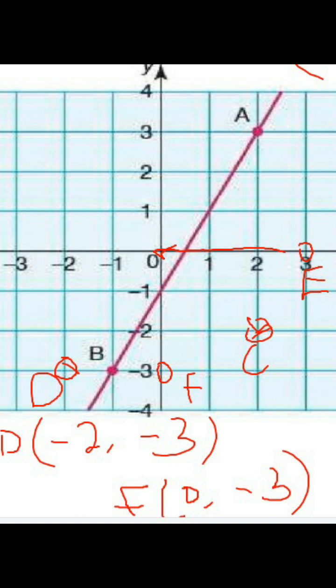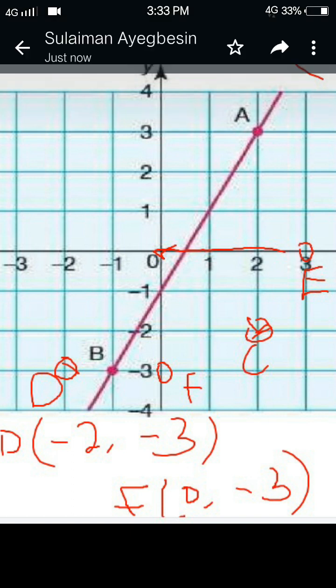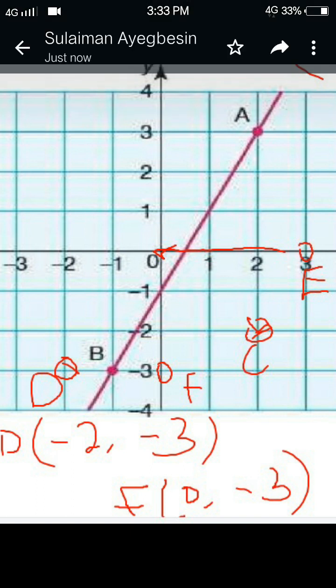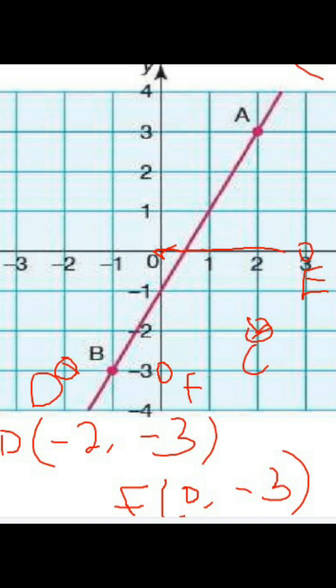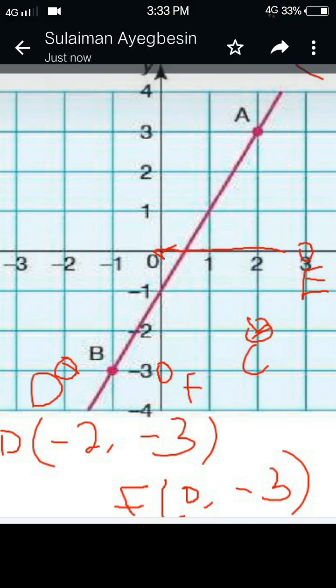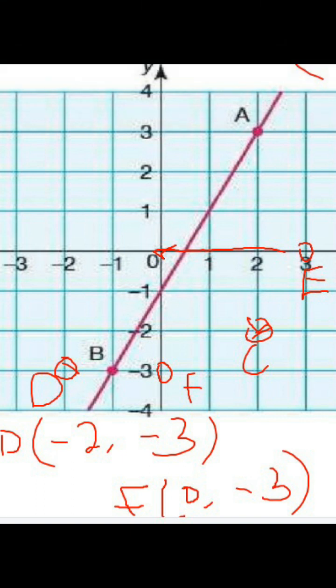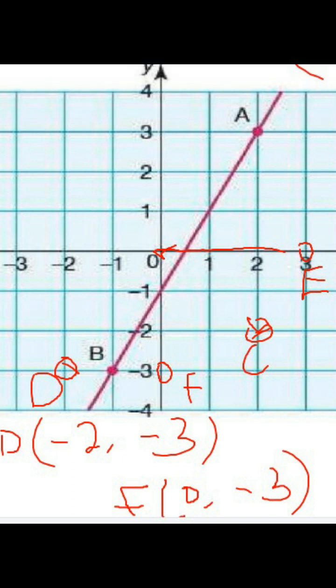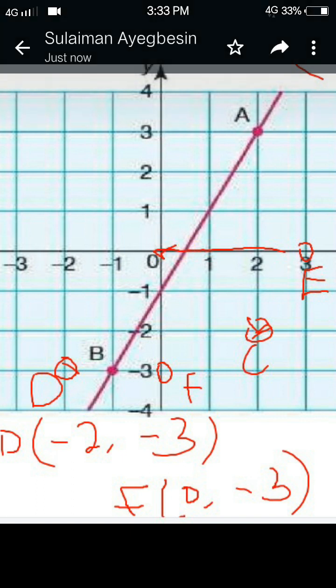Now point E, here is point E here. If you trace it, point E is already on the x-axis. So if it is on the x-axis, where is it on the x-axis? It is on 3. So that 3 is the x. If you now trace it to the y-axis, it will lead to 0.